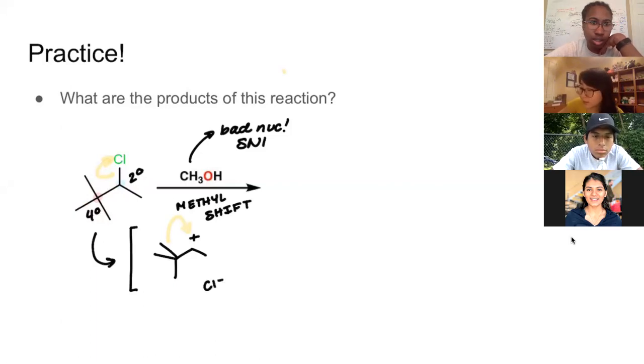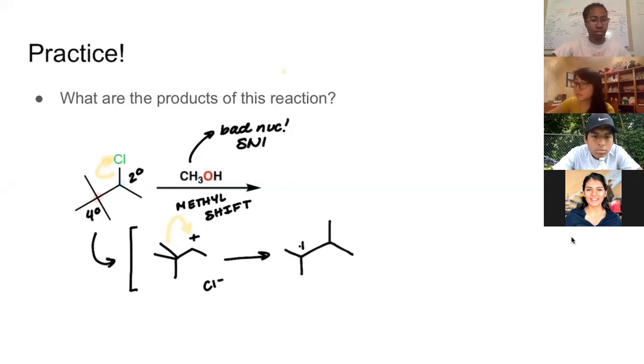So remember your Cl is just vibing out there. And once we do the shift, we're going to get the following. So this guy in the blue, let me label him, is no longer going to be a carbocation. He's now tertiary.